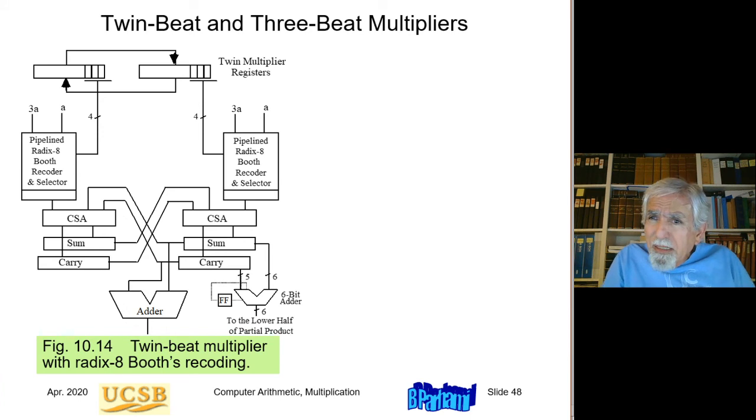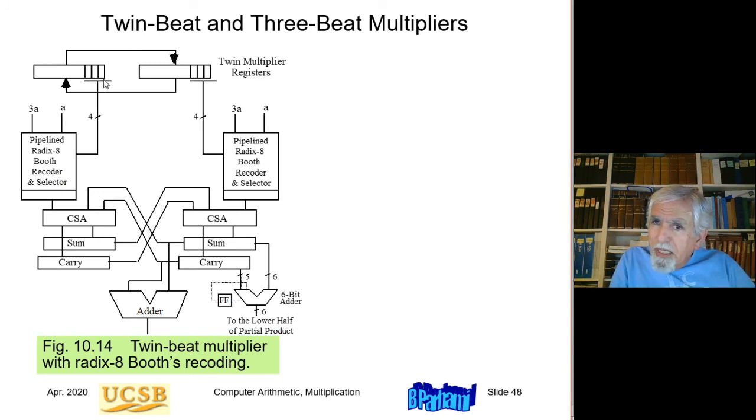So here is a twin-beat multiplier constructed based on what we just discussed in the previous slide. There are 2 halves to the multiplier. Each half is a radix 8 Booth recoded multiplier.